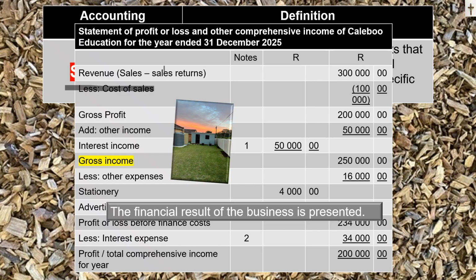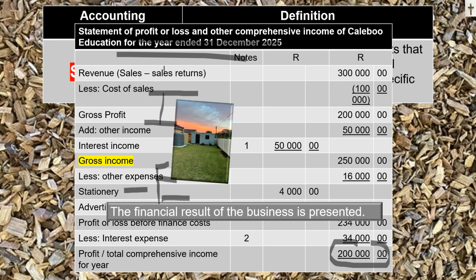This statement, which is the income statement, is now known as the statement of profit or loss and other comprehensive income. In here, we're going to have the income of the business less the expenses, which will give either a profit or a loss. And more about the statements in due course.